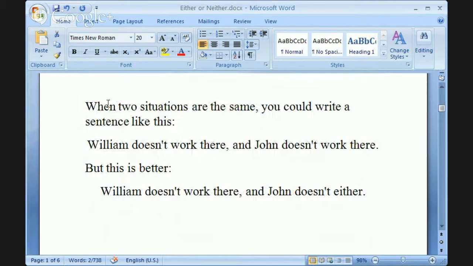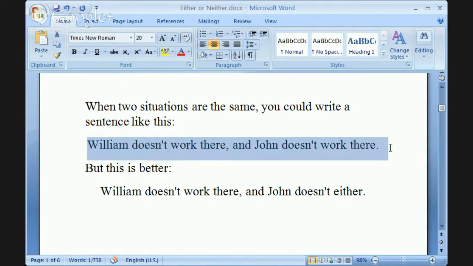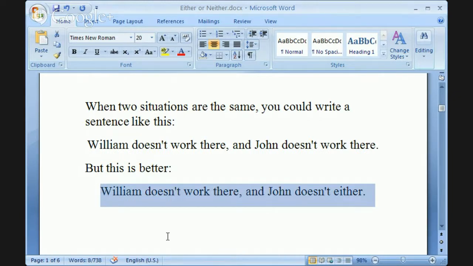Okay, very simply, when two situations are the same, you could write a sentence like this. You could write, William doesn't work there, and John doesn't work there. All right, simple compound sentence with a conjunction and a different subject in the second clause. However, this seems weird. This is much better. William doesn't work there, and John doesn't either. Sounds much better to my English-speaking ear.